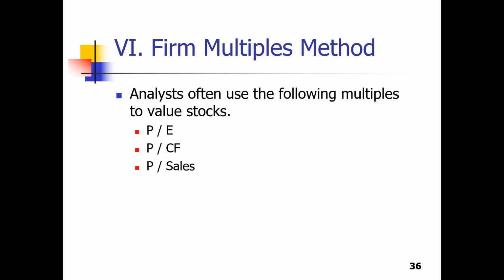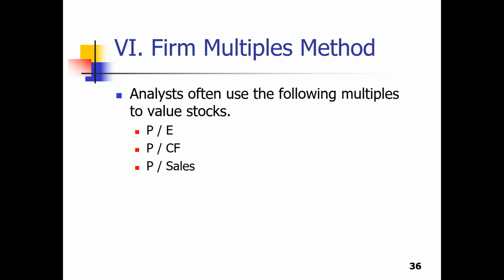There are 3 different ratios that are commonly used by investment bankers or analysts, like what we are competing to be. Analysts often use the following multiples to value stocks: PE, or price earnings ratio; PCF, price cash flow ratio; and P sales, price sales ratio.